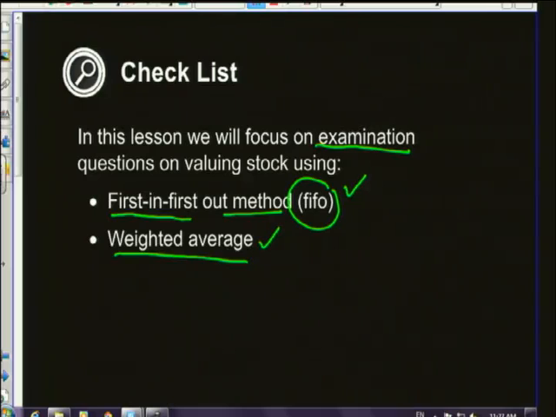And the third method, something that I am not going to be focusing on in terms of the question that we're going to be going through, but you need to be familiar with, is called the specific identification method. Okay, so just make sure guys, although we're not going to be focusing on this particular method, that you go through your work and you are familiar with all three methods of stock valuation. Right, let's get straight into the question.